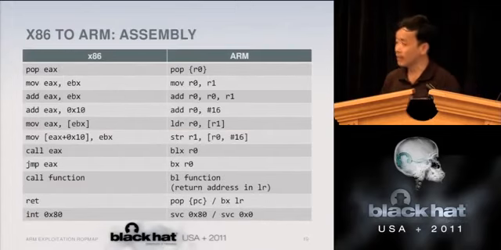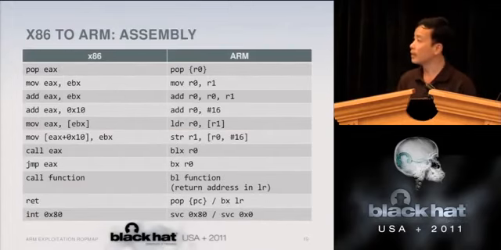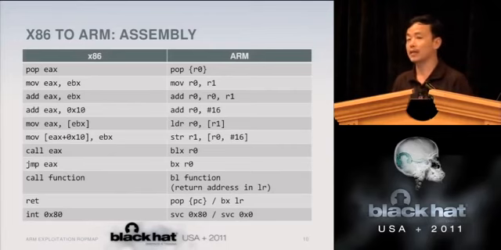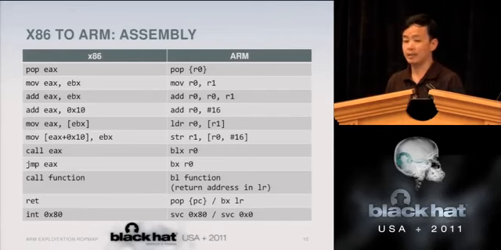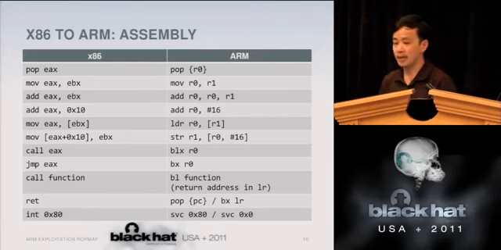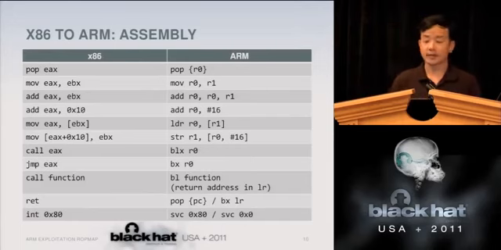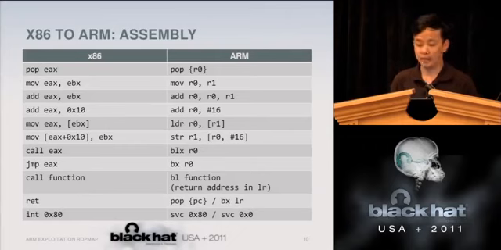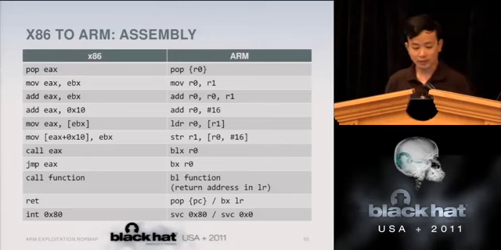About the assembly, we just show here some commonly used assembly instructions on x86 and their equivalents in the ARM architecture. Most of the instructions here are used in exploit writing, so just the common ones.